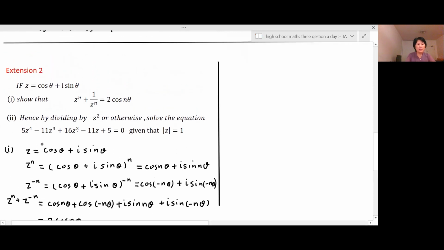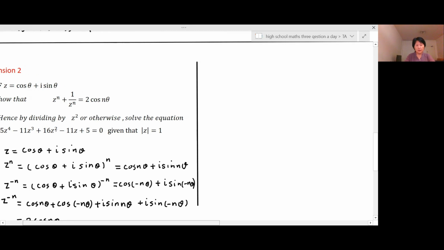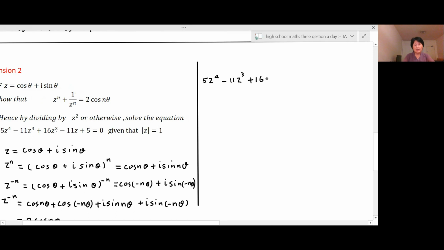Okay, the second part: hence by dividing by z squared, or otherwise, solve the z equation. So how can we solve the z equation? Okay, I just copy the question here. 5z to the power 4 minus 11z to the power 3 plus 16z squared minus 11z plus 5 equals 0.